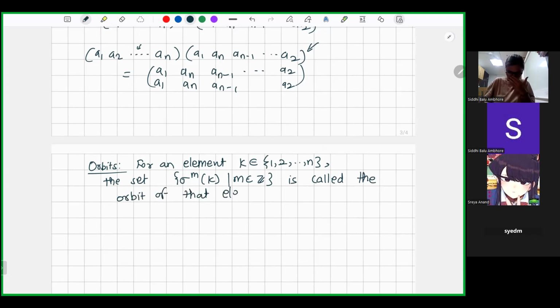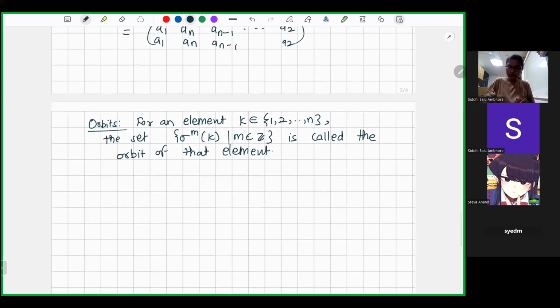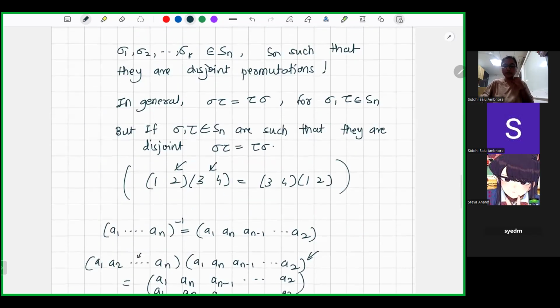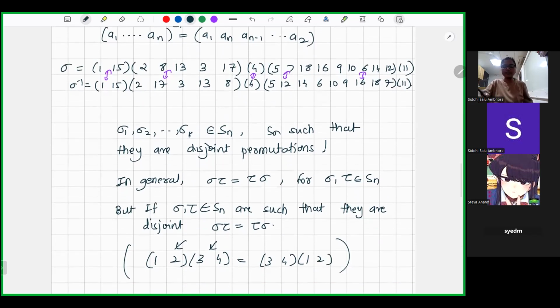Note that for this orbit, for example in this sigma, if I take some element, suppose say 16, what are all the images 16 can take when I take powers of sigma?